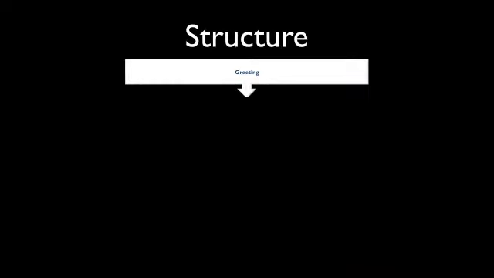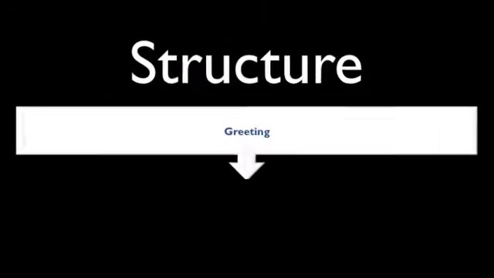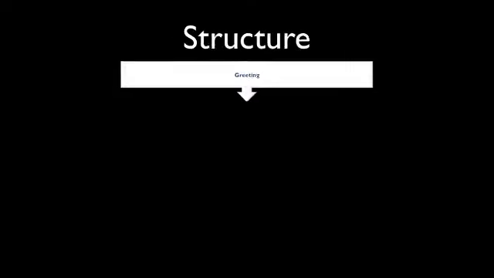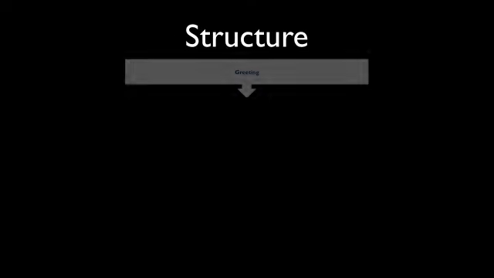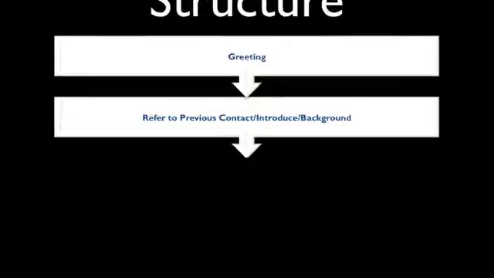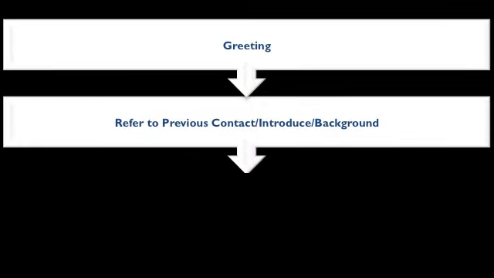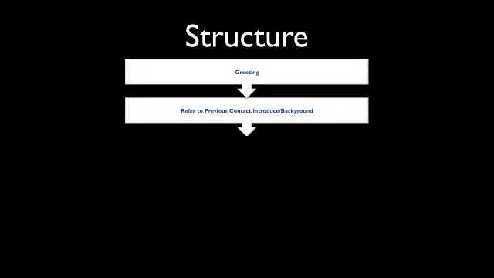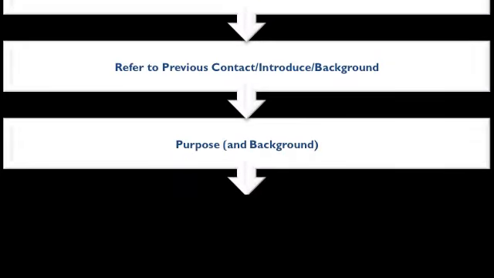Turning to the typical structure of formal emails, following the subject line, we started, of course, with the greeting. We referred to our last contact, but we may also have to introduce or give background. We then stated our purpose, which may again be followed by background.